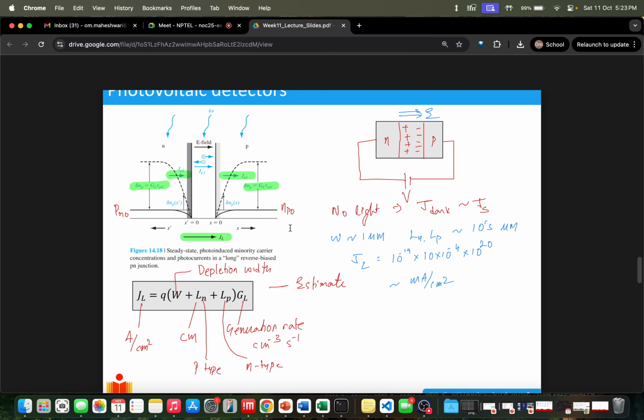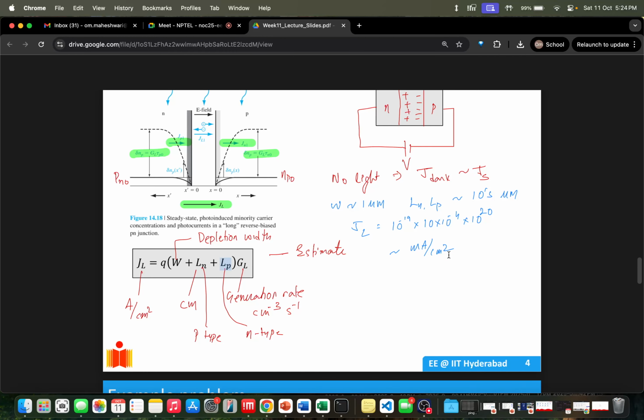This is an estimation where W is the depletion width, LN is the diffusion length of electrons in P-type semiconductor, and LP is the diffusion length of holes in N-type semiconductor. And this gives you around milliampere per centimeter square of current.